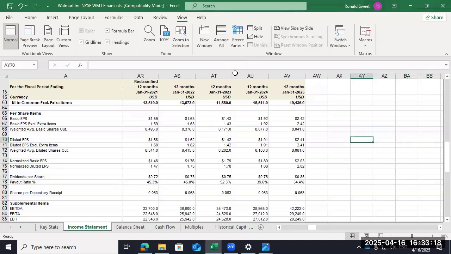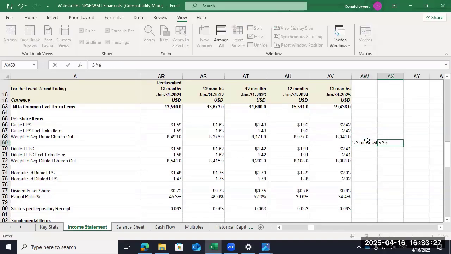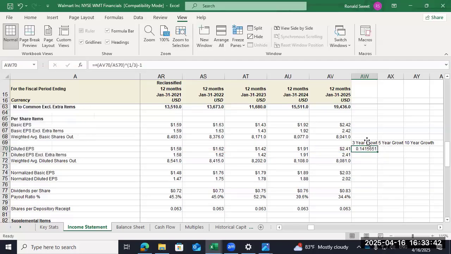So what I want to do is just look and see what is their 3-year growth, 5-year growth, and 10-year growth. So 3-year growth is going to be this year divided by, you have to go back not 3 years, but 4 years. Raise that to 1 divided by 3, minus 1.